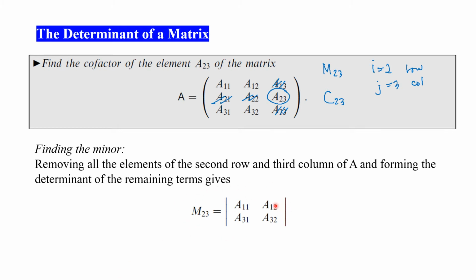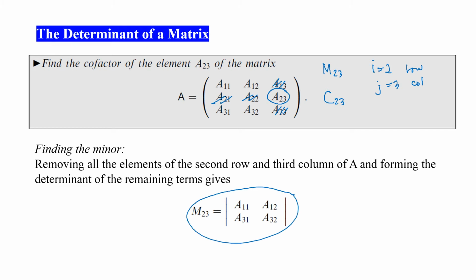As you can see, when we are talking about the determinant, you now have this absolute value representation, meaning we are going to take the determinant of this. Earlier I showed you how to get the determinant, but it was just a shortcut. So this is your M23, the determinant of this one here.